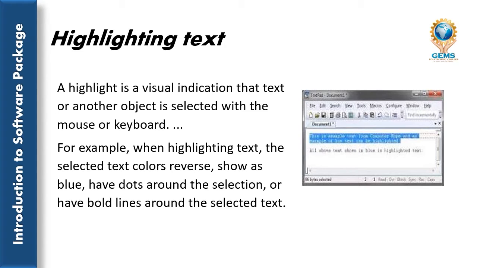When you select, the color is automatically changed to blue. It shows as blue with some dots around the selection, and bold lines around the selected text. So this is the way we can highlight the text. It is only used as a visual indication of that text.